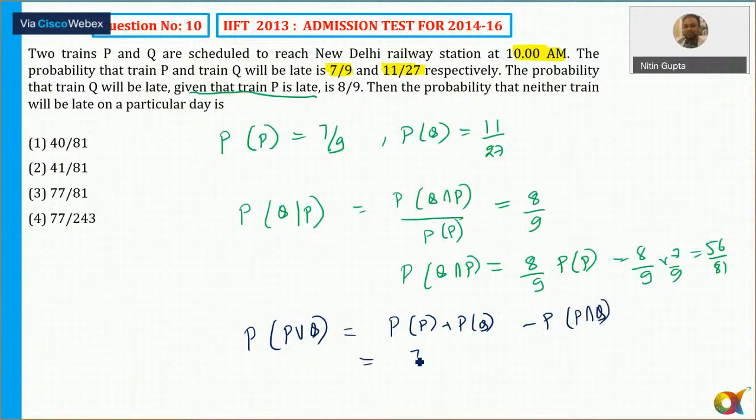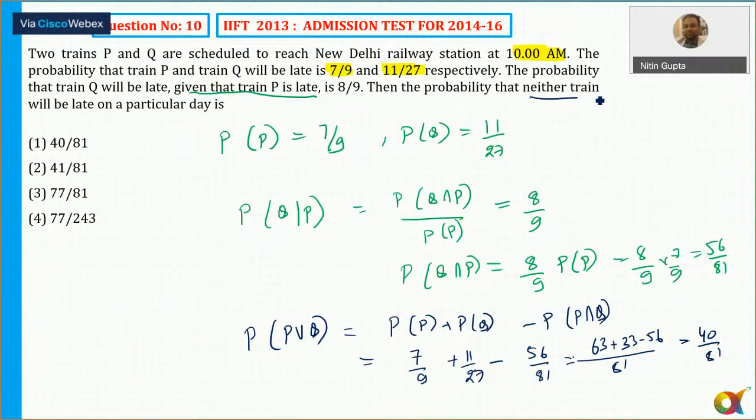P late is 7/9, train Q late its probability, and P intersection Q. So in any case, if you solve this, 1 minus 80, so the probability that is neither.